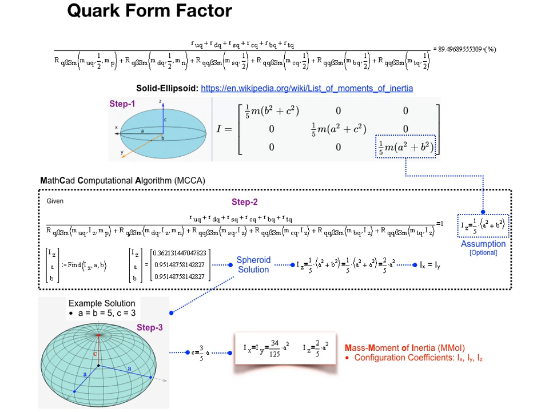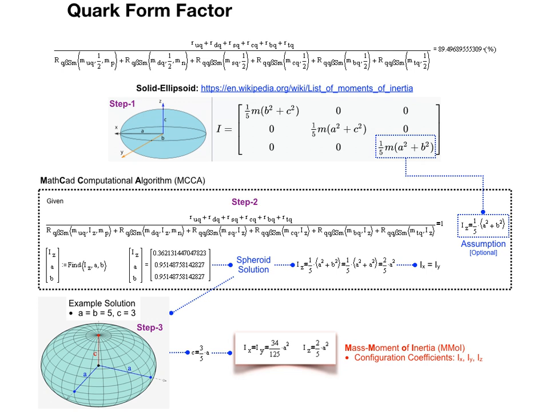Thus, we can build a MathCAD computational algorithm to deliver a solution for the form factor of quarks in 3 simple steps. Step 1. Select a geometric shape in order to initiate the computational process. In our case, we selected a solid ellipsoid as our starting point, as justified a moment ago. Step 2. Set the condition that the average electrogravimetric quark radii is equal to the average particle-antiparticle pair representation quark radii.